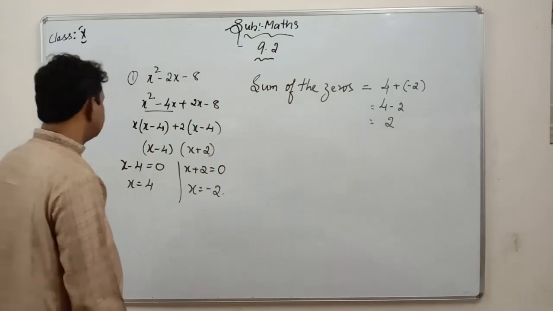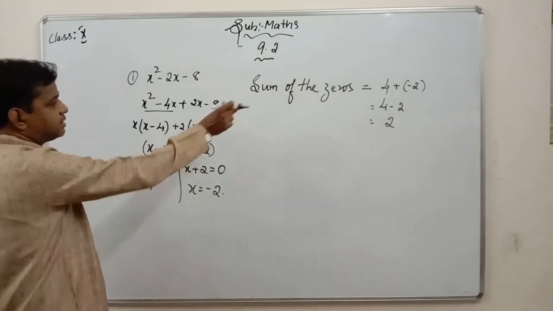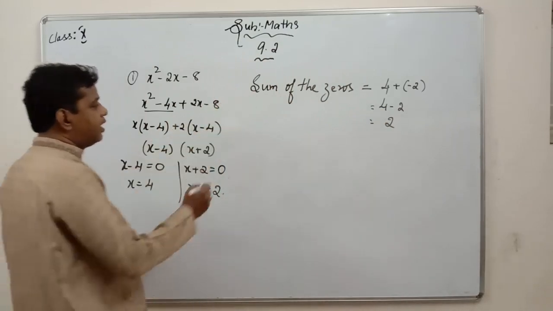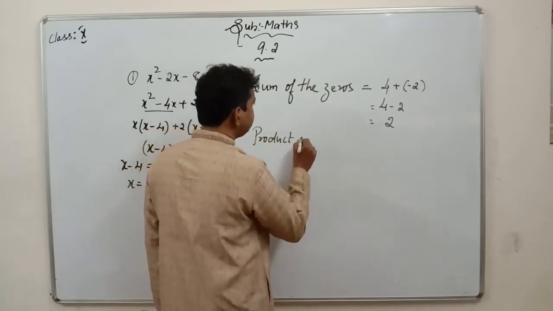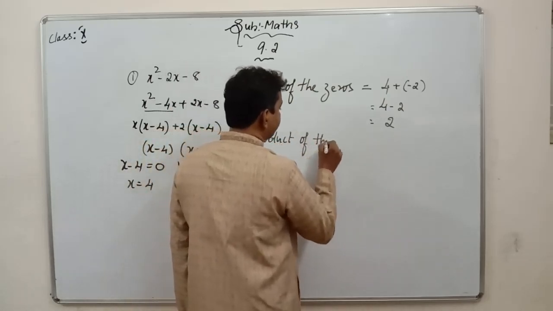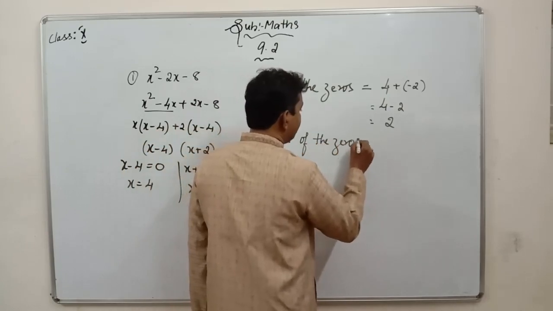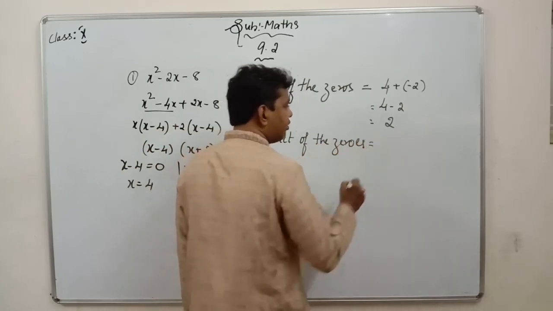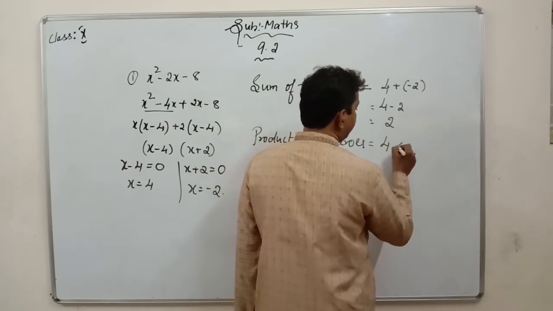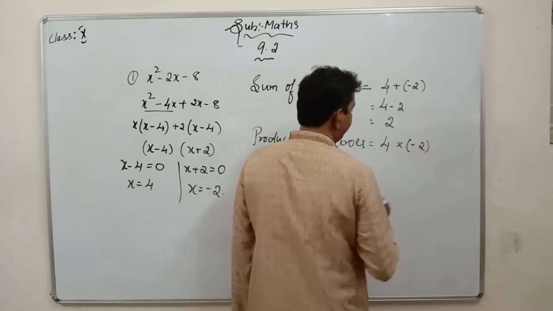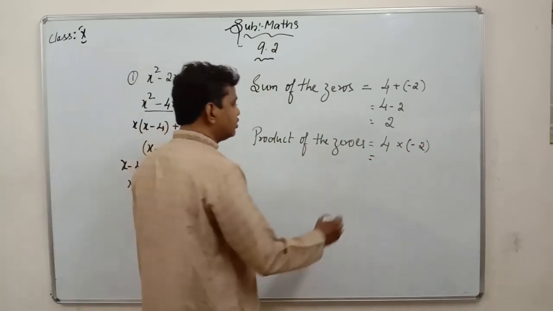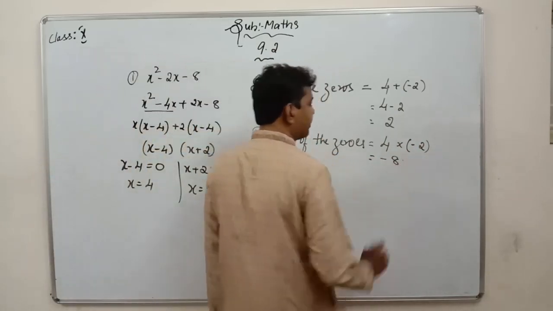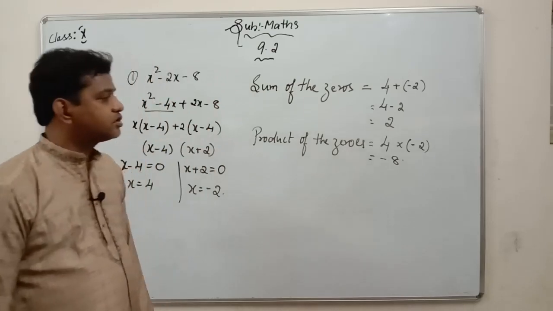Okay. So we got x equals to 4. We are adding sum of the zeros. Sum of the zeros is 2 and product of the zeros, what is the product of the zeros? We have 4 into minus 2. So what is 4 into minus 2? It is equals to minus 8. So 4 into minus 2 equals to minus 8.